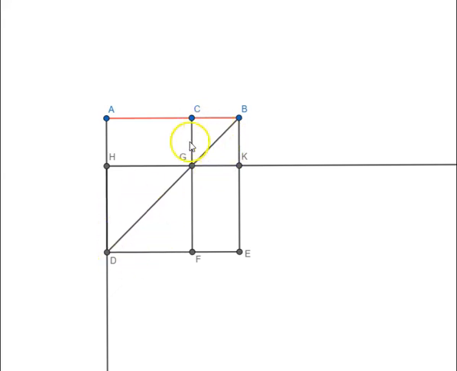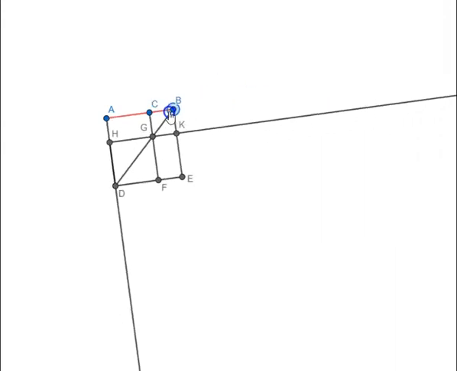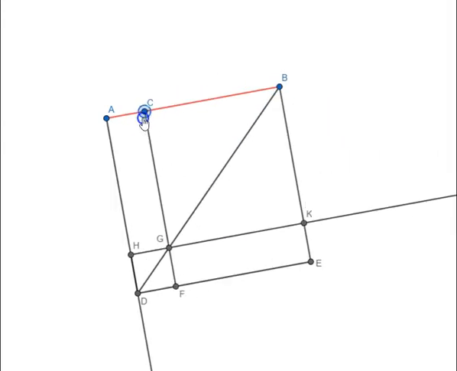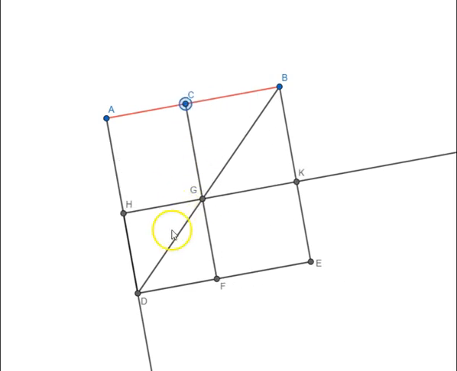So we have proved that the square on AB is equal to 2 times AG plus AC square plus BC square. Again, if you move it around, it will remain consistent. Similarly, you move this, it will remain consistent. You will always have squares here.